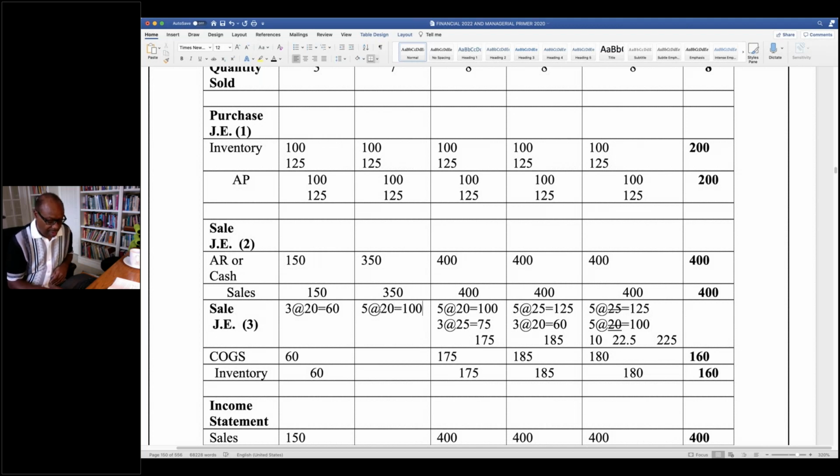Then we got 2 at 25, which would be 50. So it'd be 150 for cost of goods sold.